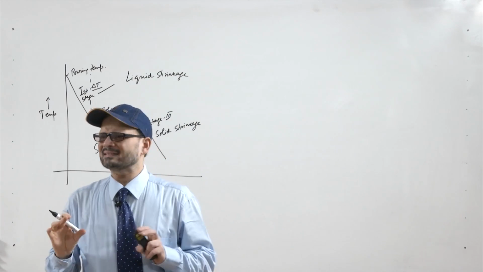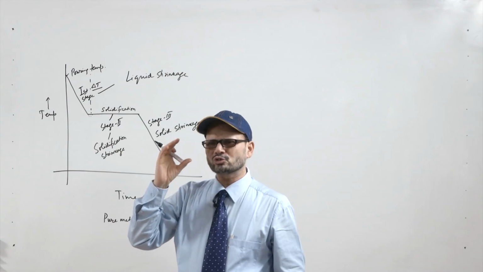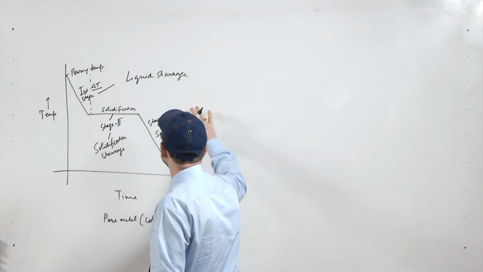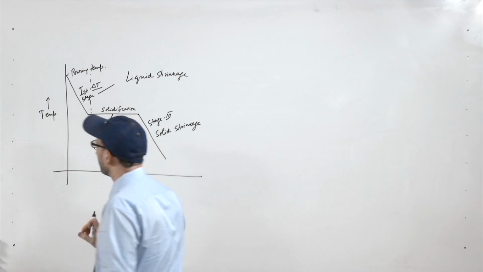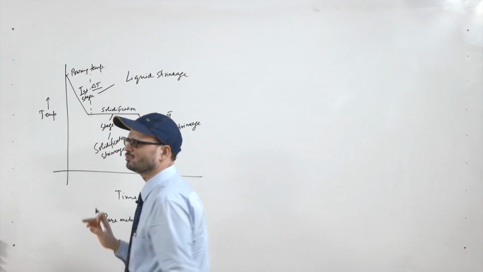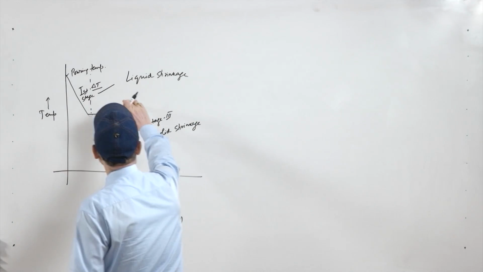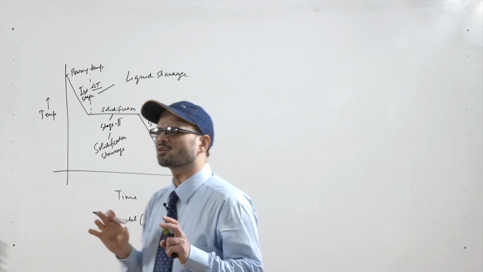So, something like this, and once you go to the solid shrinkage stage, it will be somewhere close to 7%. So, for materials like typical medium carbon steel, if you look at the shrinkage during these 2 stages, it will be somewhere close to 4.5. So, this 4.5% of shrinkage in case of that particular material has to be compensated.